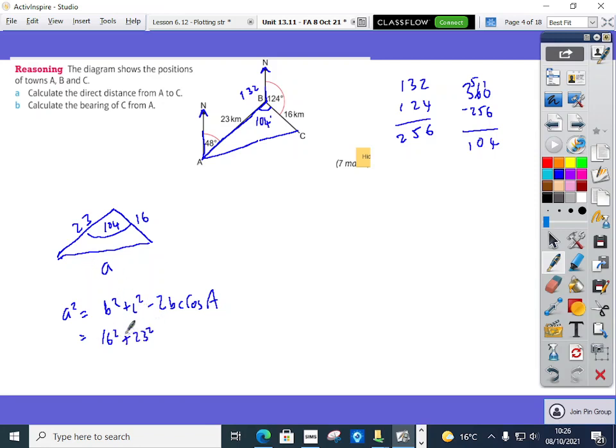It doesn't matter which order you add them up in, minus, same with here, you times in, it doesn't matter the order, 2 times 16 times 23 times cos 104.